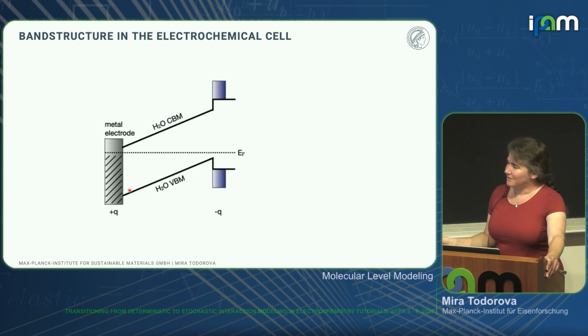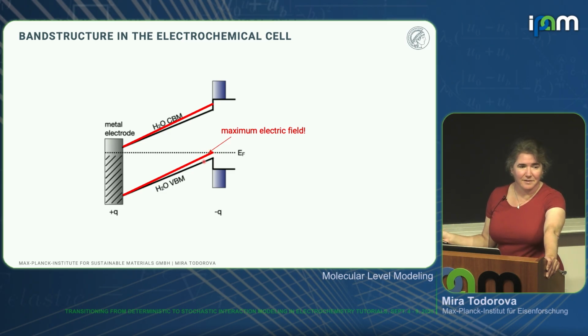As we apply a field, we have a tilting of the valence and the conduction band. At some point, when the field becomes too high, the valence band maximum, in this particular example, touches the Fermi energy of the metal. This is the point at which we have the maximum field.